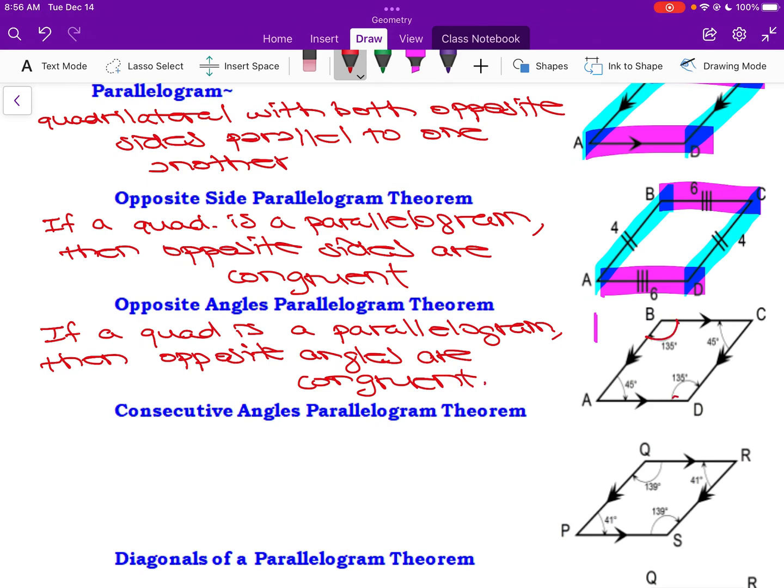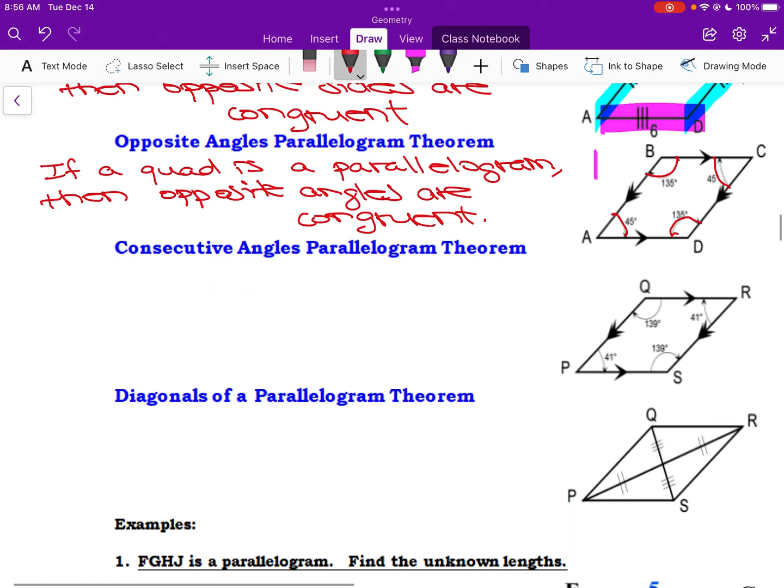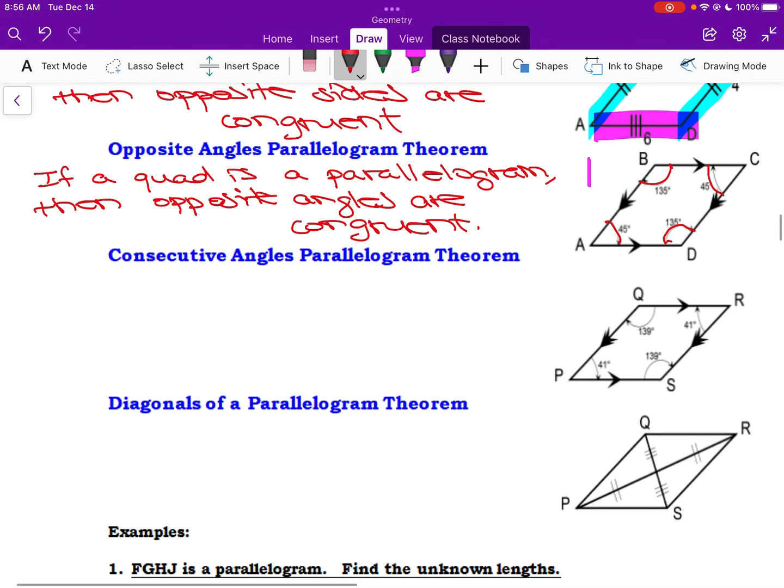Angle B here and D are opposite one another. They both will have the same measure, just as angles A and C will be congruent to each other too. And that's just the nature of those parallel lines intersecting, it creates that arrangement.